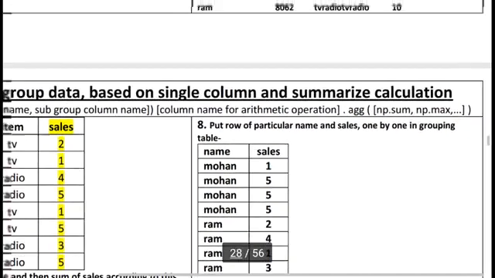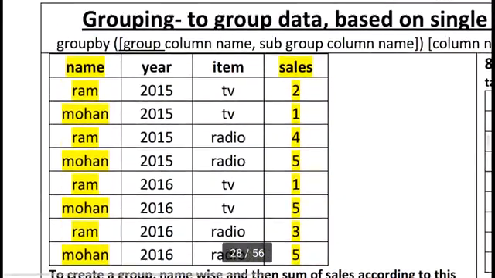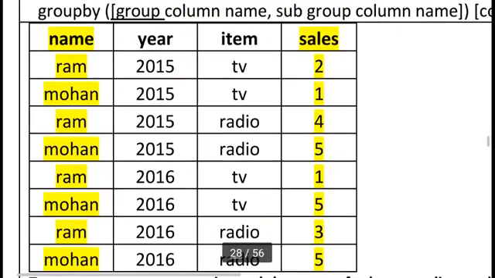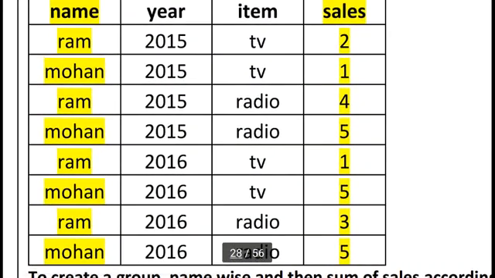So here I am taking the same example which I already discussed in an earlier video. Name, year, items and sales. Here we can say a company has only two salesmen, Ram and Mohan, with data for different years, 2015 and 2016, and the company has only two items, TV and radio, and you can see the sales of a particular salesman.